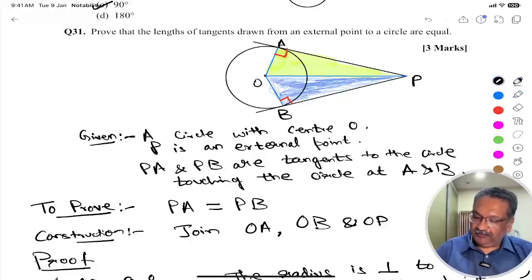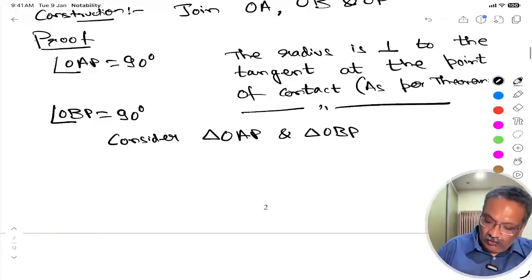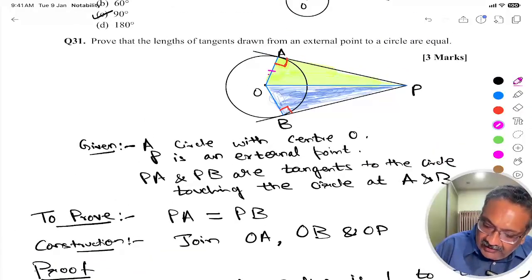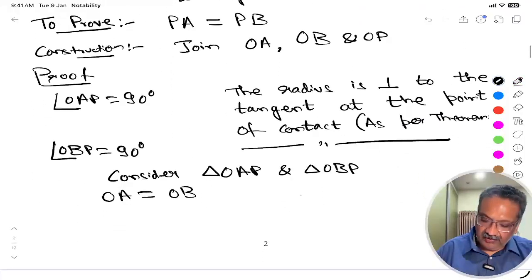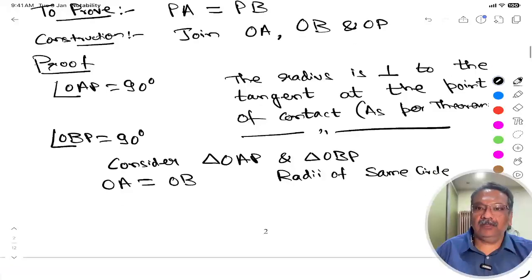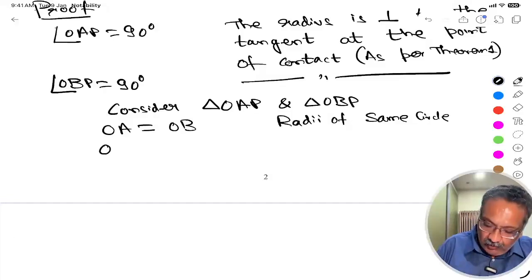Now in these two triangles, first we have OA is equal to OB. This length is equal to this length. The reason is radii of the same circle. Two radii of the same circle are equal. Similarly, we also have OP is equal to OP.